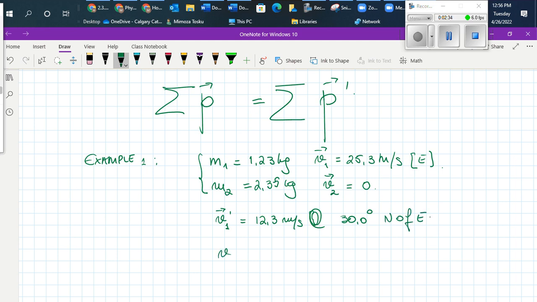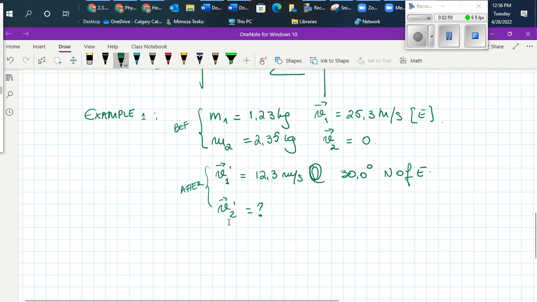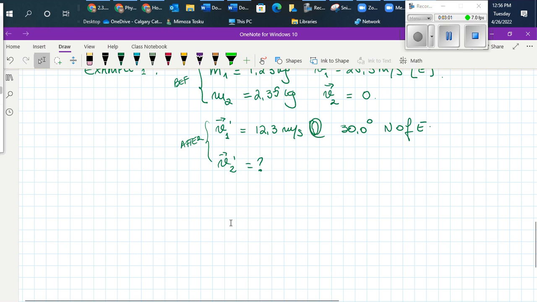What is the velocity of object 2 after the collision? Again, when we see this prime, it means that we are dealing with the velocity after the collision. So this is the before situation, and this is the after situation. The situational diagram of this particular question will be something like this.